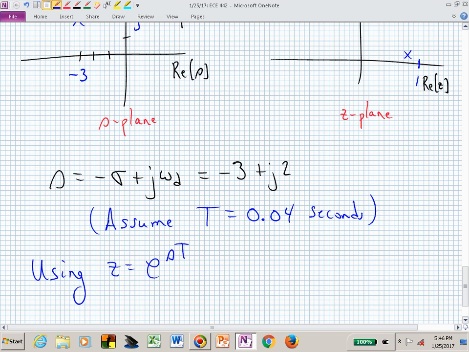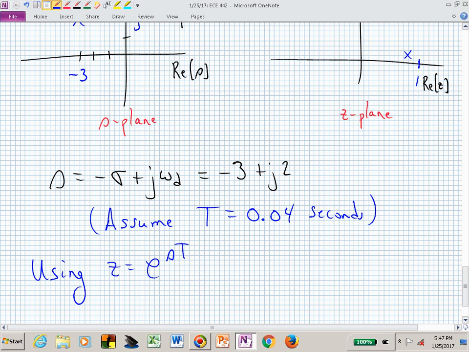What's a time domain waveform that has poles at minus 3 plus and minus j2? What do you see in your mind? That's in the denominator of a Laplace transformed quantity. What do you see if you now take that into the time domain, by inverse Laplace transform?